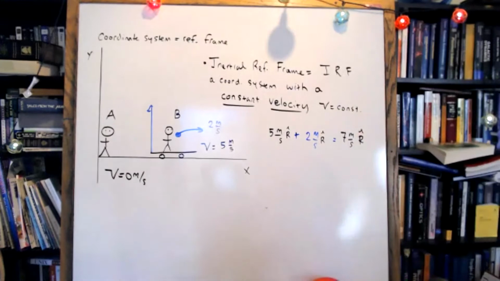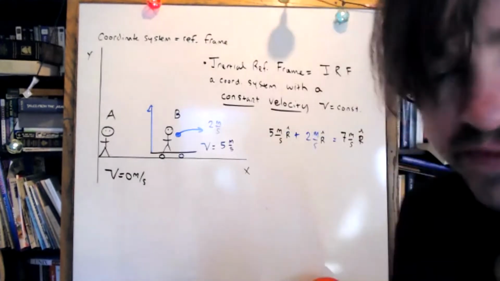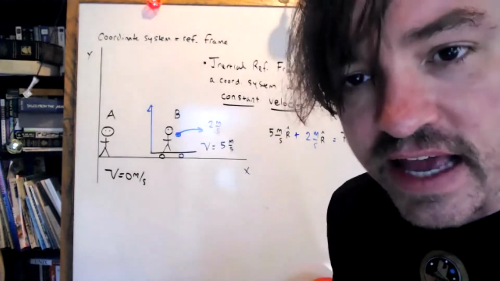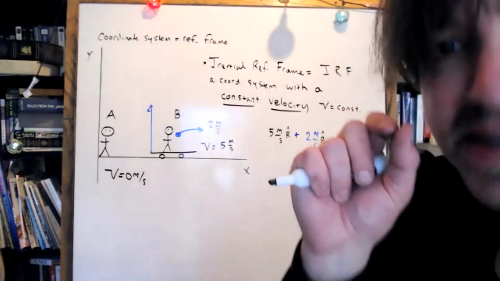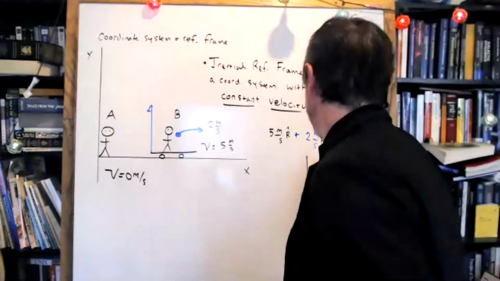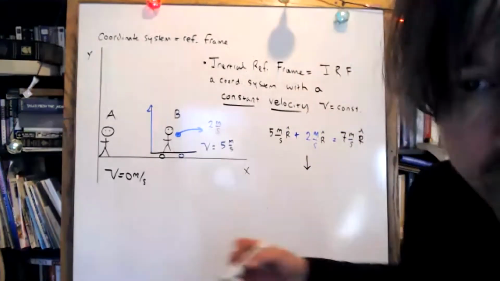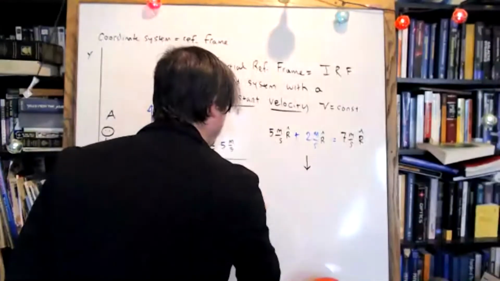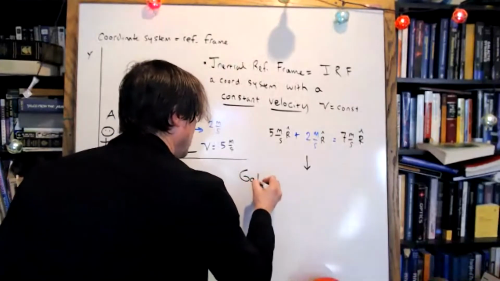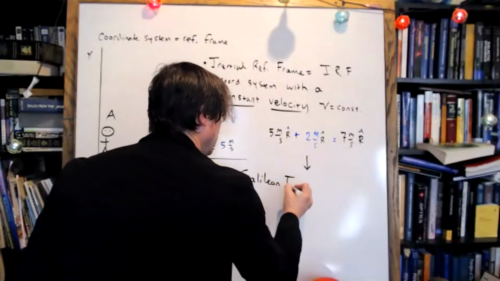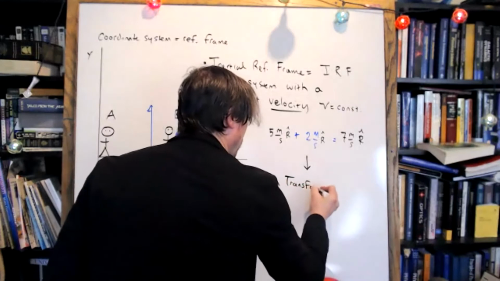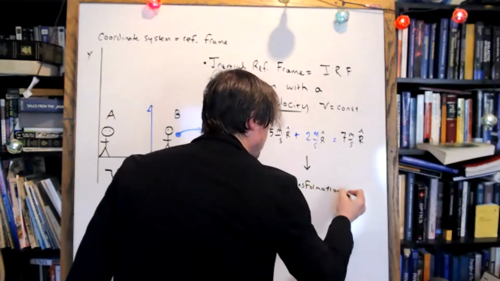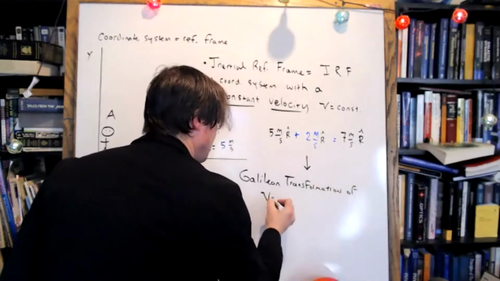And therefore, according to observer A, the ball travels 7 meters per second to the right. All of this should be common sense. But in this case, there's a name for common sense. This thing, which Mateus did quite naturally, is known in physics as the Galilean transformation of velocities.